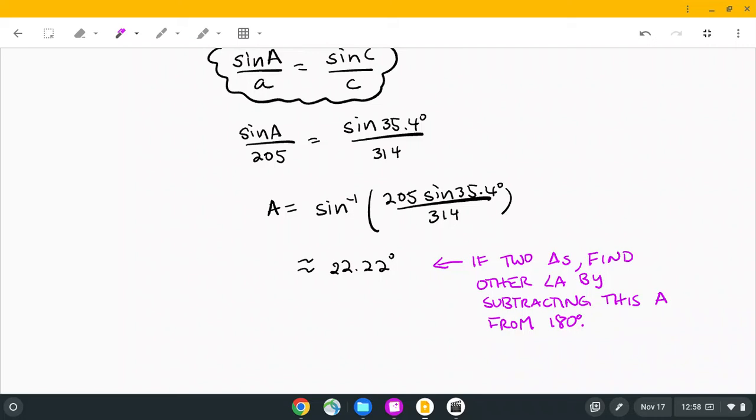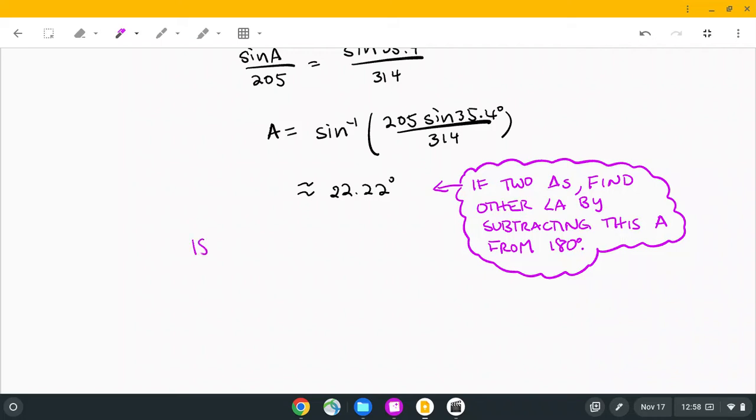And then whatever you get, that's what you inspect to decide whether or not you have one angle A or if you have two angle A's. All right, so let's go ahead and do that.